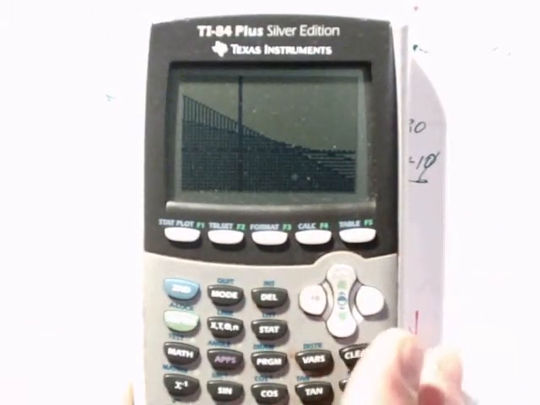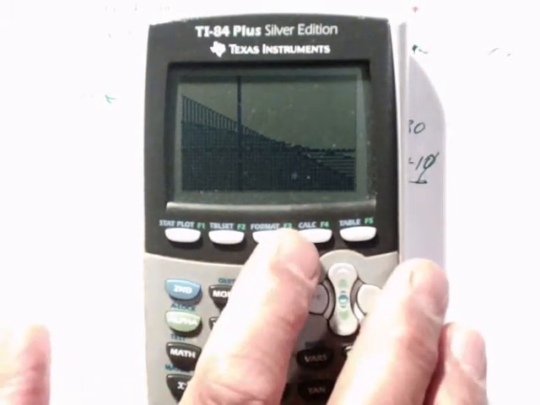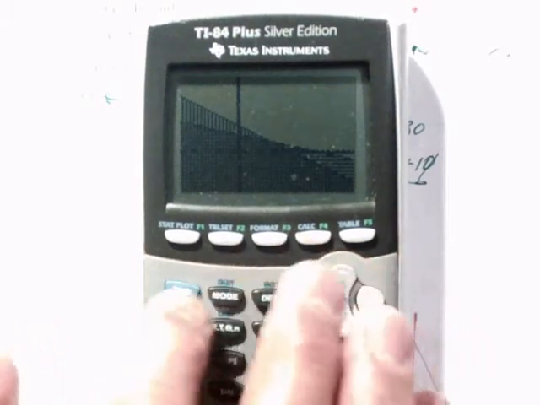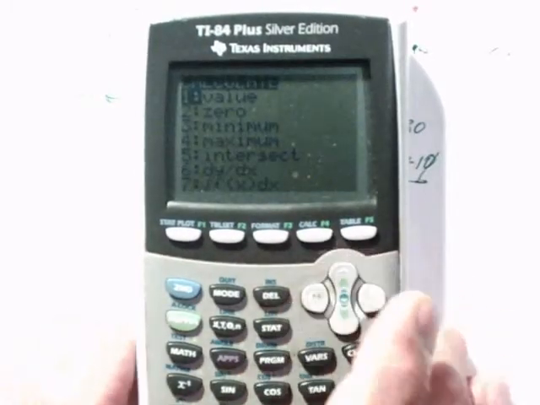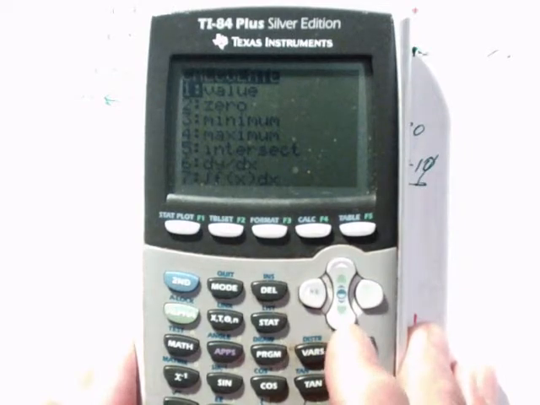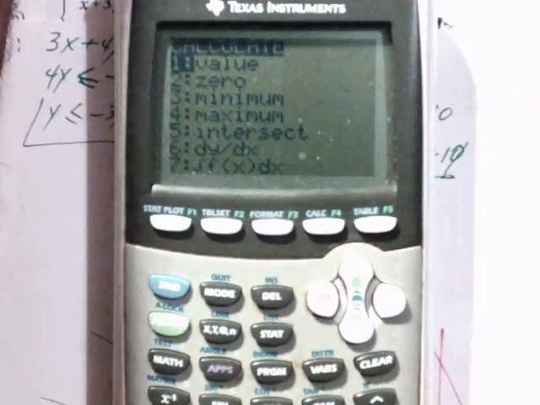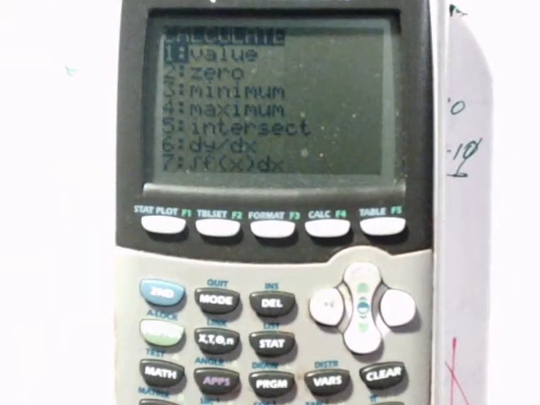Now if you want to find the intersection point, all you have to do is go to calculus here. You see calculus, so you have to say second trace. Then you see item number 5, intersection, so I choose that.